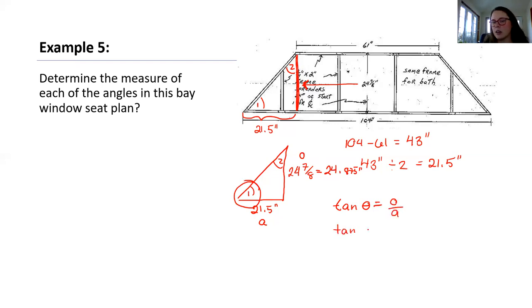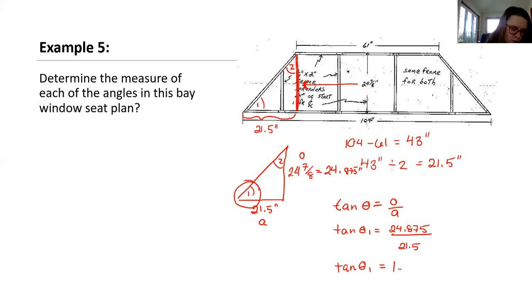So the tan of angle 1 is going to be equal to, I'm going to put the little 1 there, because if I just leave 1, I'm afraid you'll mix it up with a number. So the tan of angle 1 is equal to 24.875 divided by 21.5. Let me plug that into my calculator. This is where you're going to keep some extra decimals.